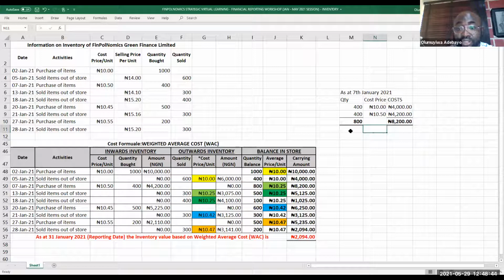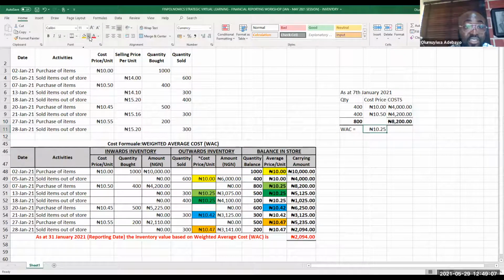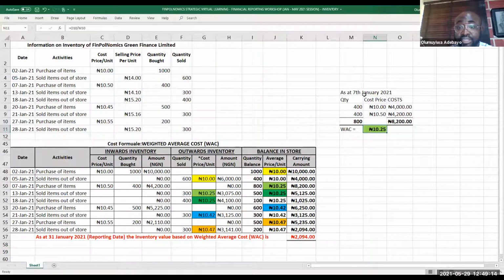Your weighted average cost is now the difference, divide 8 naira 20 kobo by 800. And that gave us this 10. And that is this 10 you are seeing here. Okay. Let me put that color. I'll do it for others so that you can see it, which means if you understand the way it works, you won't need to be doing this every time.